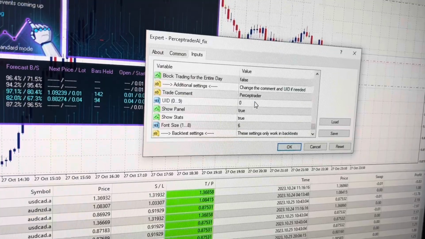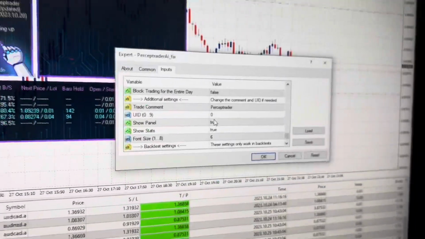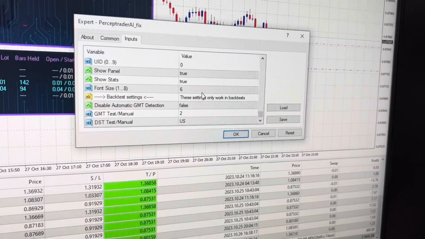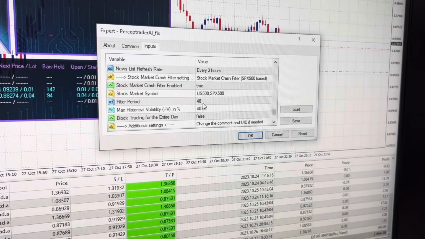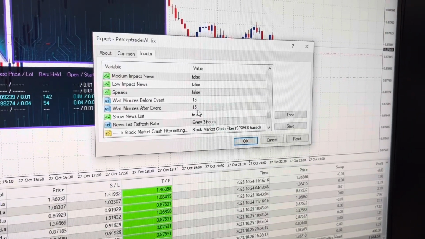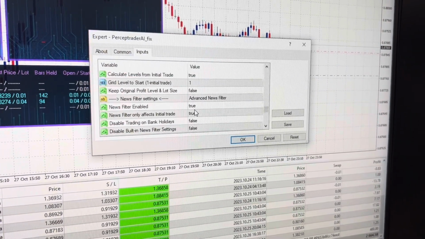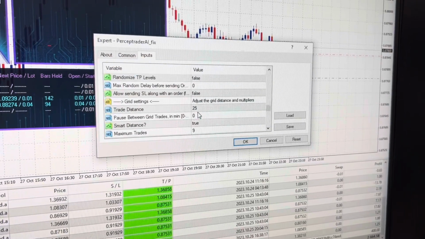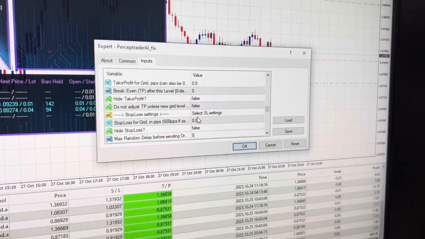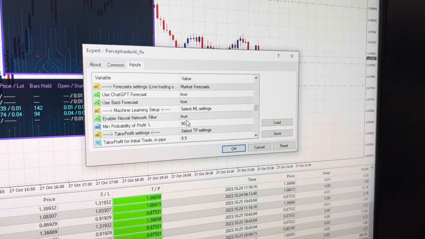So you can update the comment to say whatever you want on the trade itself. Having a look at this, I don't think there's too many other settings that I would bother adjusting.